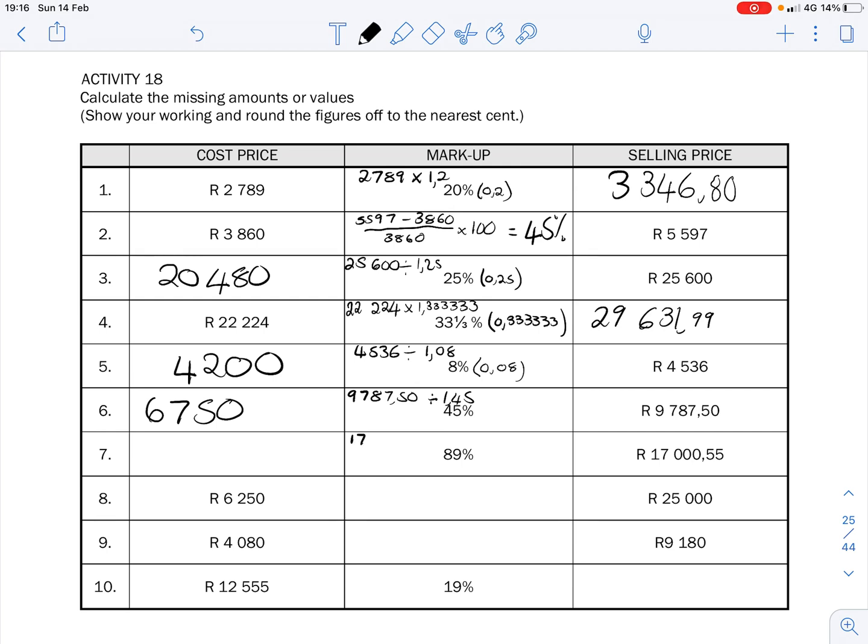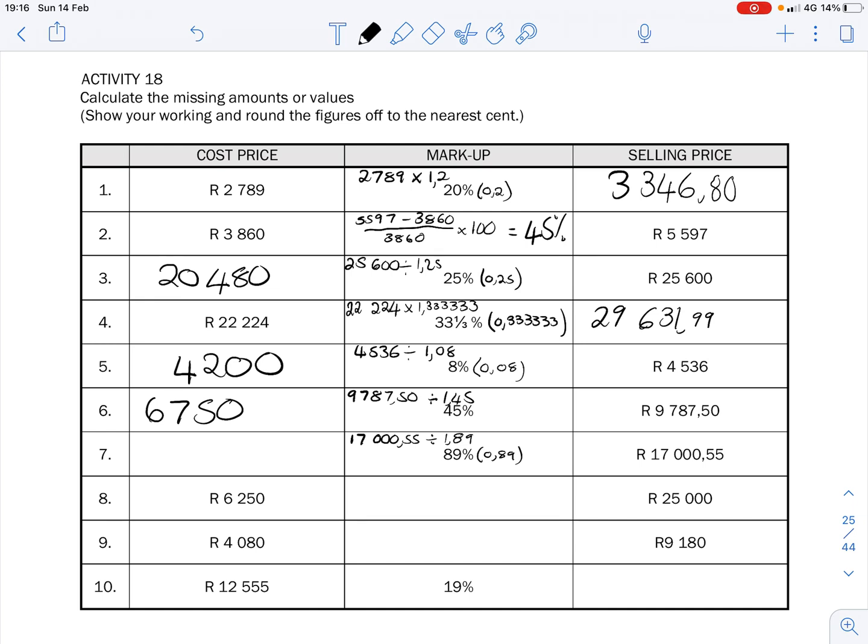Okay, same thing with the next one, selling price to cost price. So we divide, we go 17,055 cents divided by 1.89. Okay, remembering 89% is 0.89 as a decimal, and we divide by 1 plus our markup as a decimal.